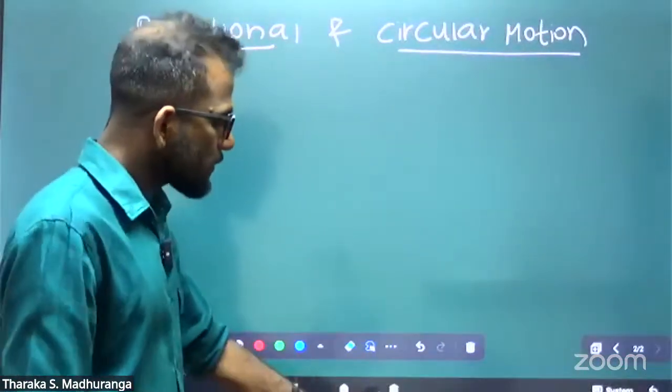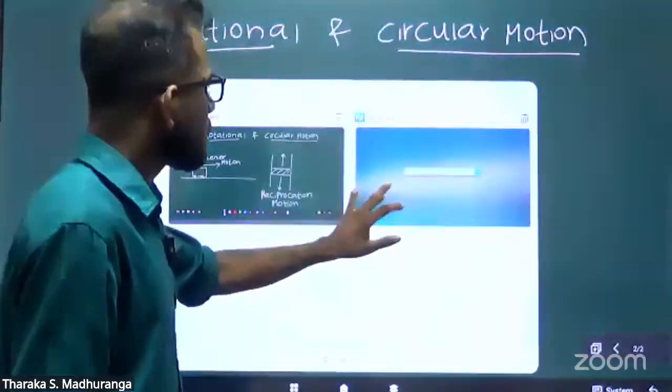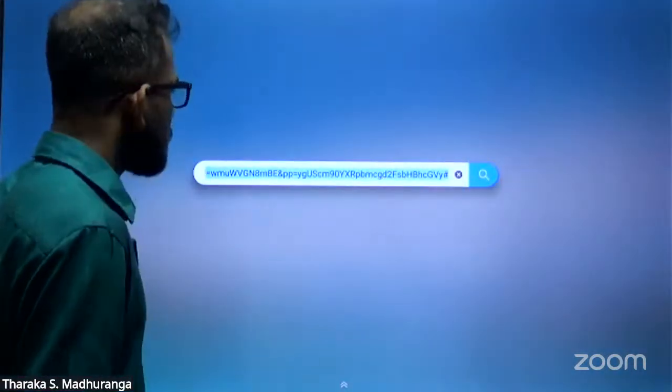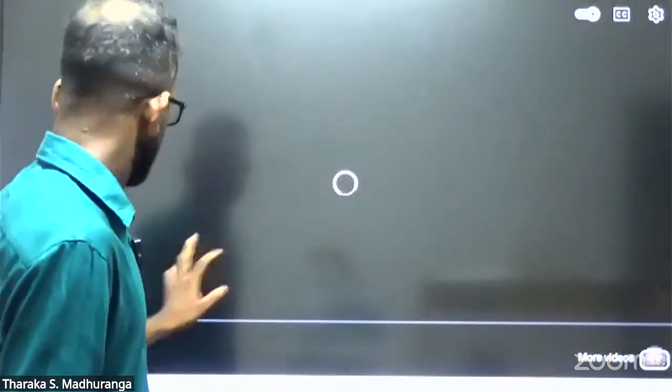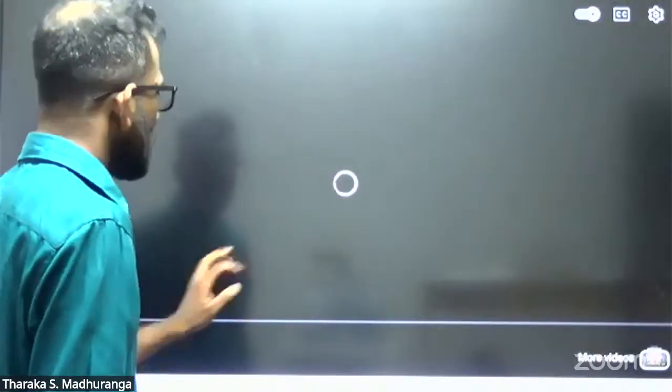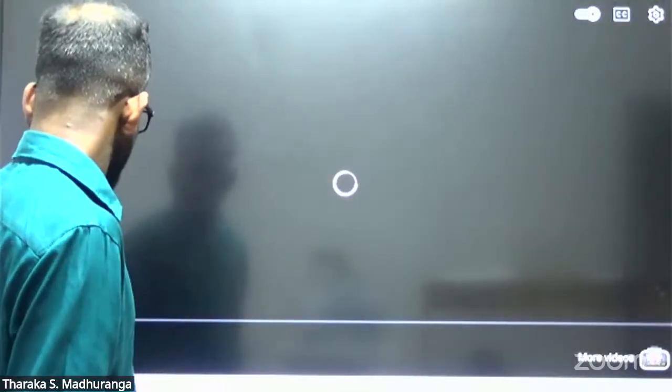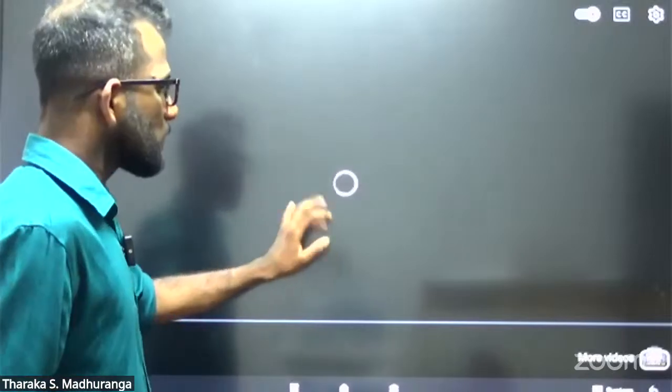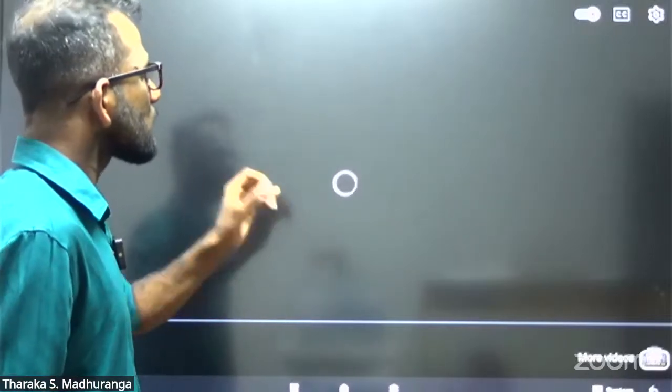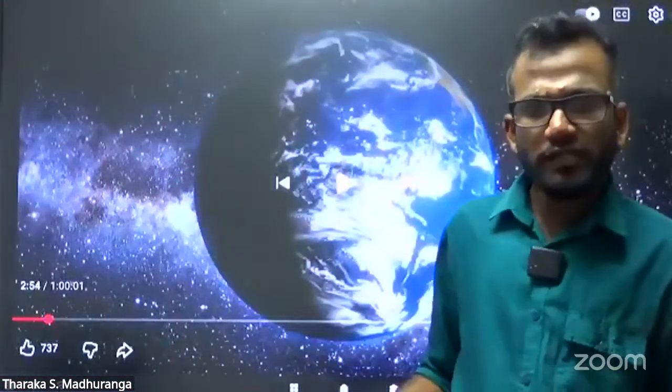Okay, before that, think of the earth's rotation. Is the earth's rotation a rotational motion or circular motion?